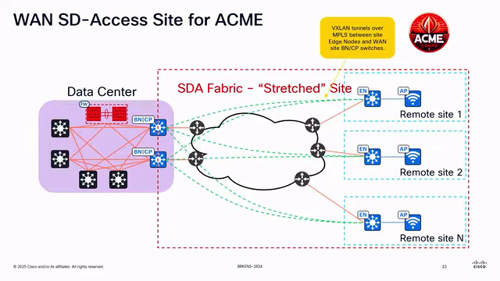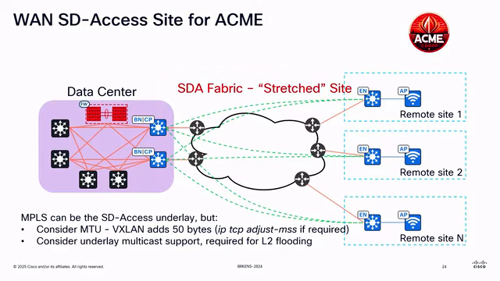OK, but isn't there MPLS in the middle? Yes, it is. Can MPLS be used as underlay? Absolutely. It's quite a popular design, deployed in a variety of customer organizations. Again, the requirements are the same. You need to have increased MTU to accommodate VXLAN traffic. It's quite easy to do by MPLS carriers. They're usually happy to accommodate.